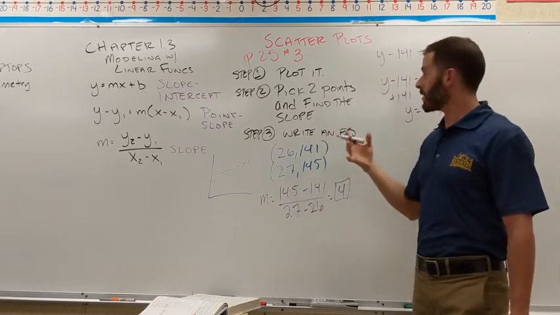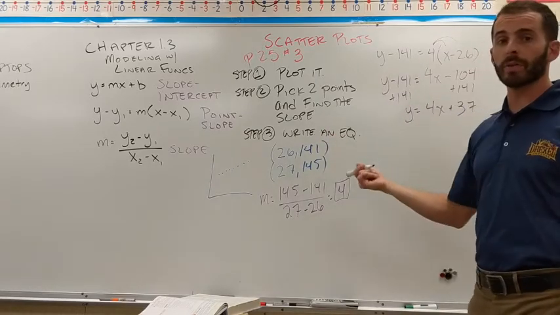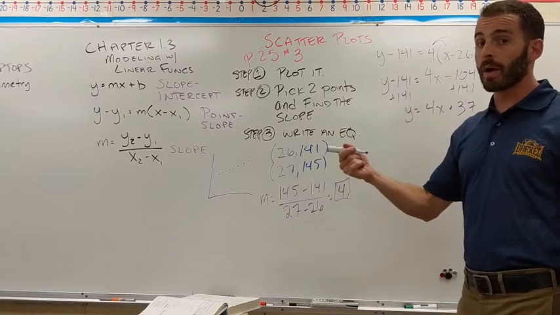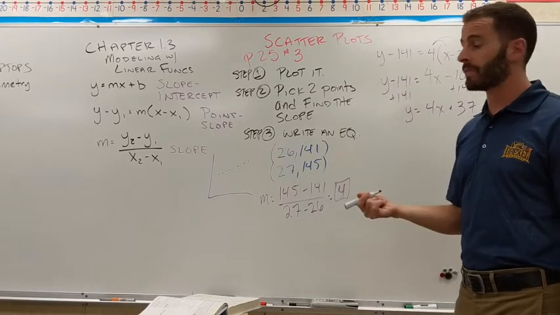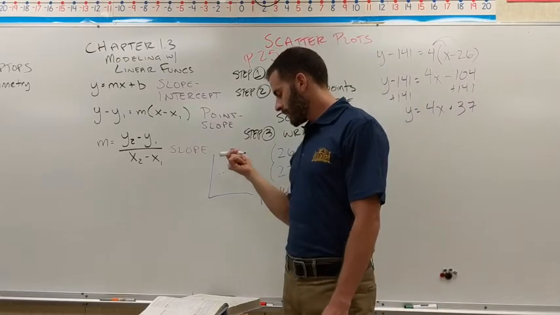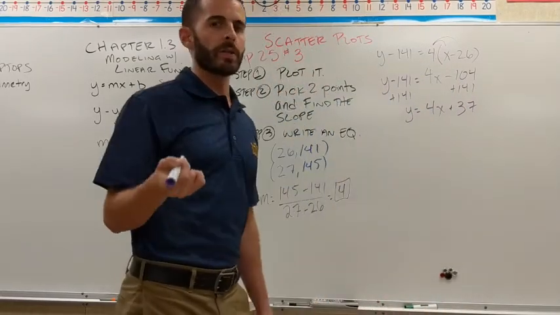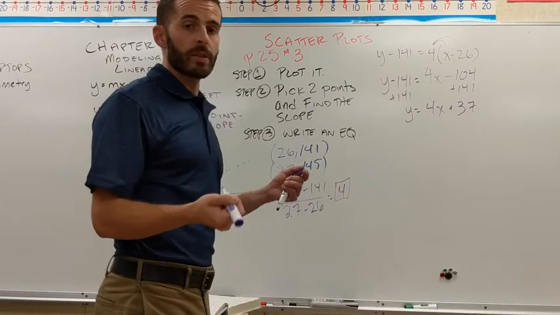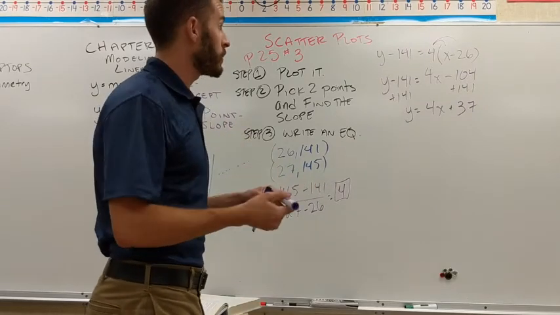So I have an equation of y equals 4x plus 37. Keep in mind, if you pick 2 different points, you might have a different equation. It's not really about being exact. It's more about using the data and trying to fit a line to the data.